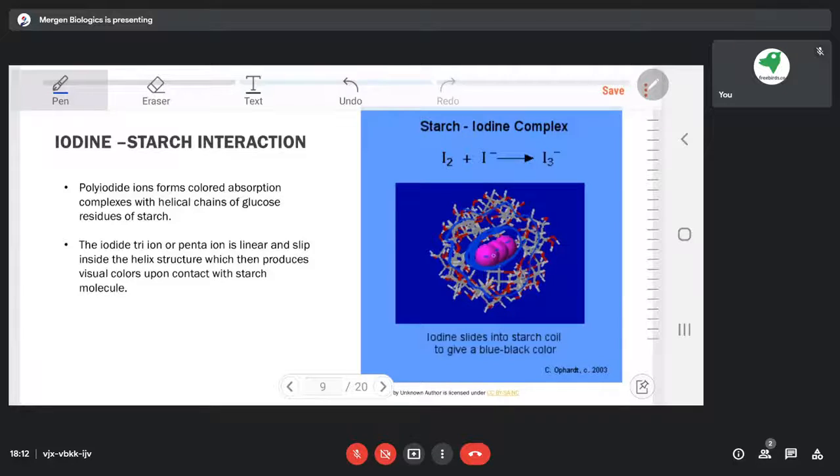These are in linear form, and this linear form will lie in a linear structure and go inside the helix, whether it is amylopectin or amylose, and give out some color. Based on the starch present in this helix, if it is amylose in the helix, they will give the dark blue color, and if it is amylopectin in this helix, they will give the yellow reddish color.